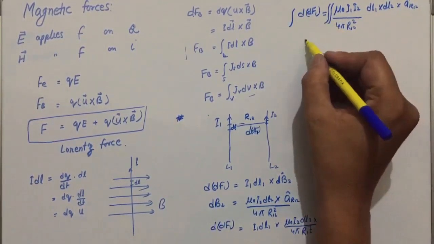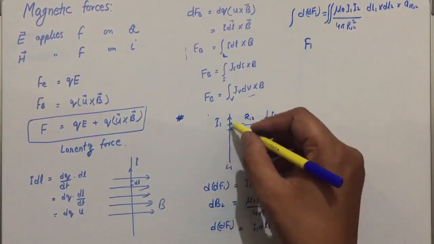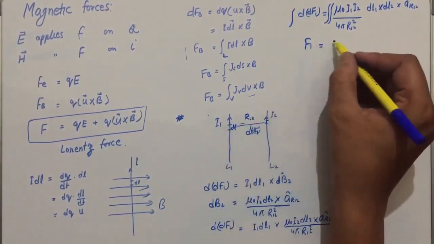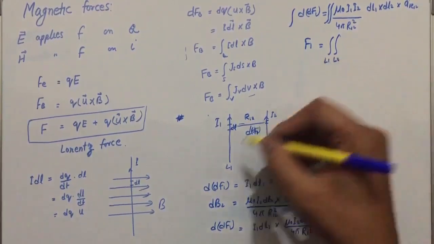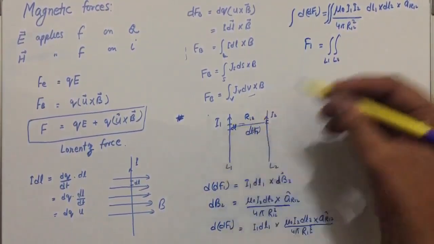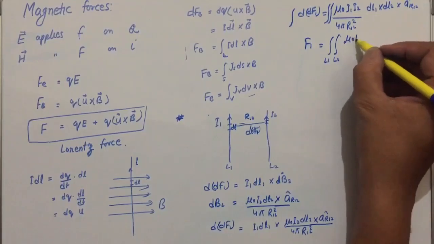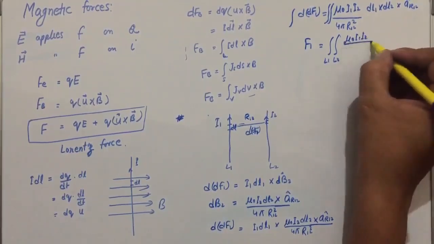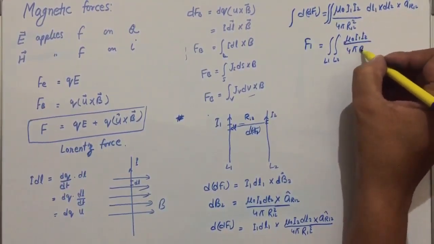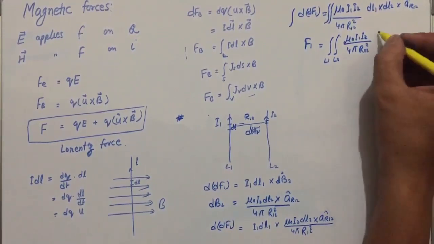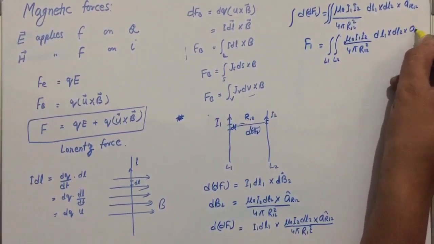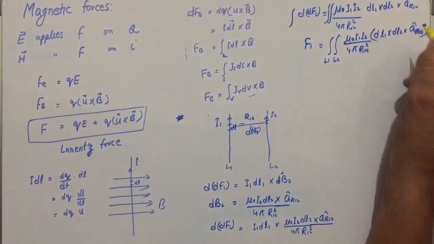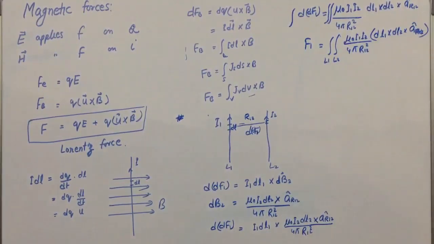So in final form, the force on conductor 1, F1, integrated for length L1 and length L2, will be mu naught I1 I2 divided by 4 pi r12 square, dl1 cross dl2 cross a r12.